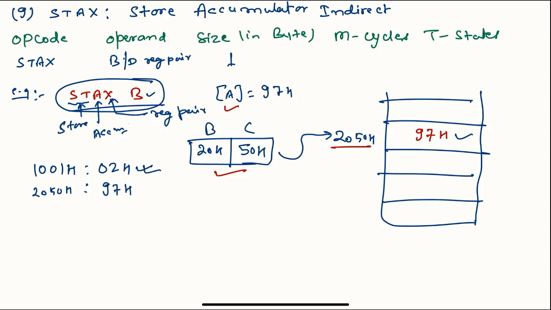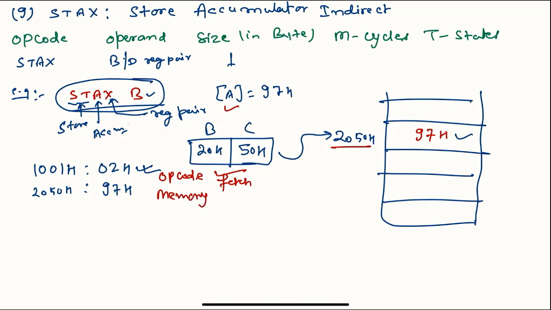One is for opcode fetch, which is by default the first operation for any instruction, and the second operation is where we are storing the content of the accumulator. The accumulator resides inside the processor and is going to be stored into the memory. If data moves from the processor to memory, that operation is called a memory write.